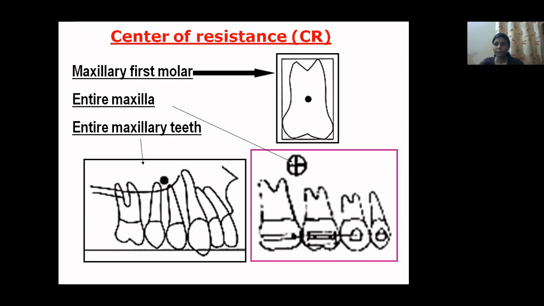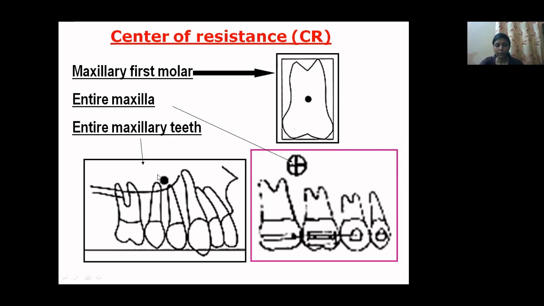For the entire maxilla, the center of resistance exists at the posterior superior aspect of the zygomaticomaxillary suture, as it is here. And for the entire maxillary dentition as a whole, the center of resistance exists between the premolars.